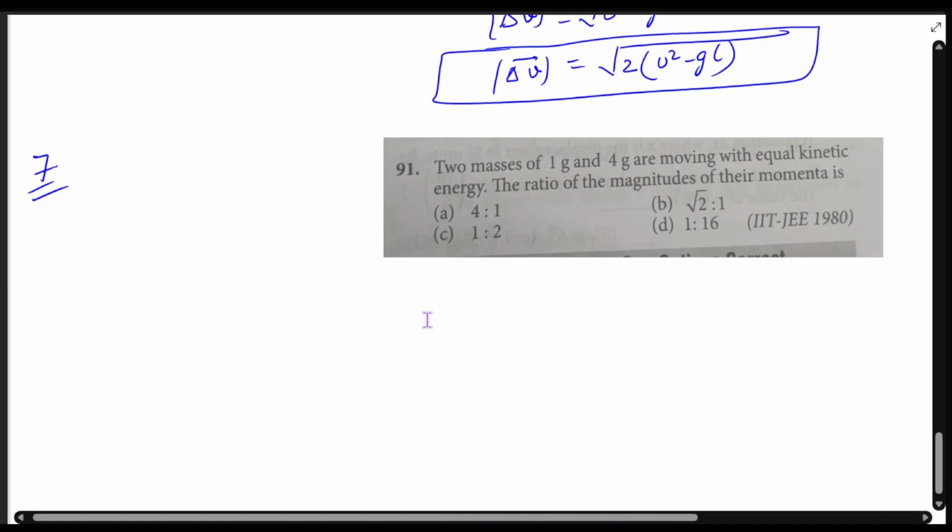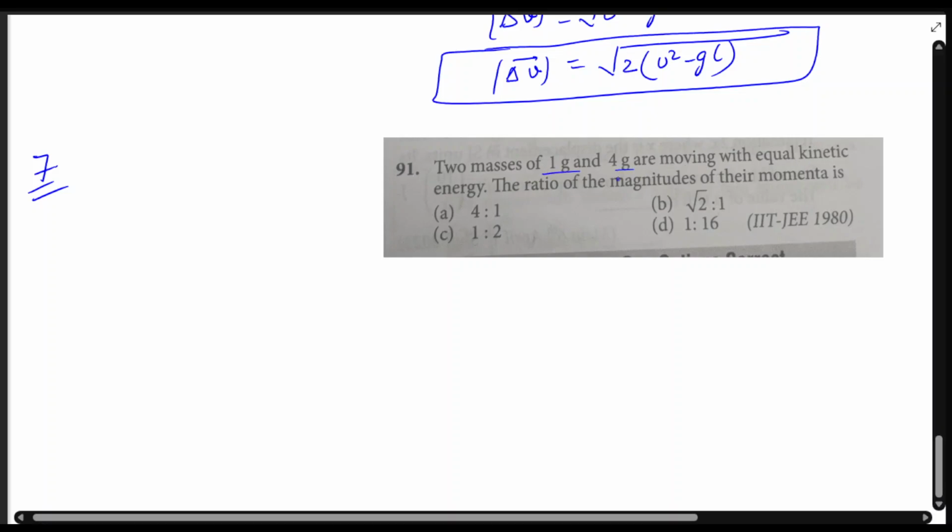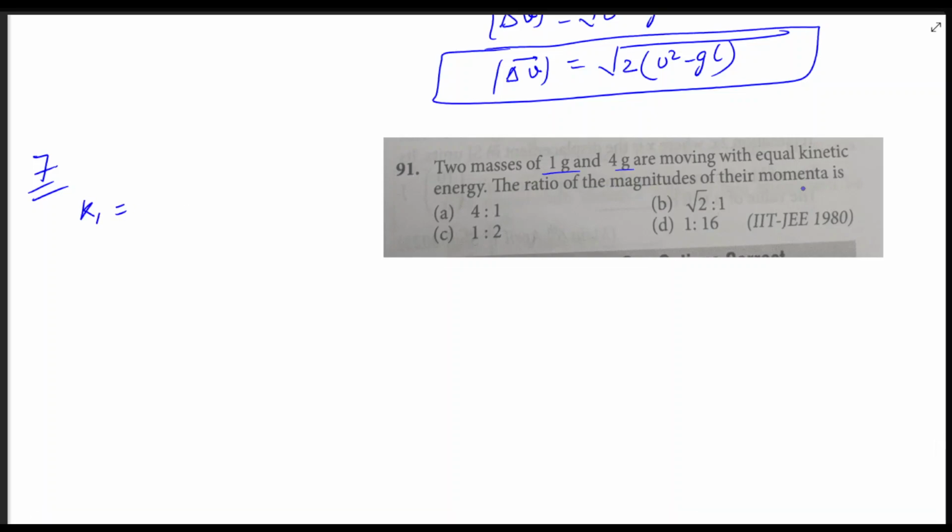Okay. So it's an easy question, I think, right? We have two masses, different masses, that have equal kinetic energy. So kinetic energy of one, and we have to find the ratio of the magnitudes of momenta. So it's easy. K1 will be p1 square by 2m1, and K2 will be p2 square by 2m2.